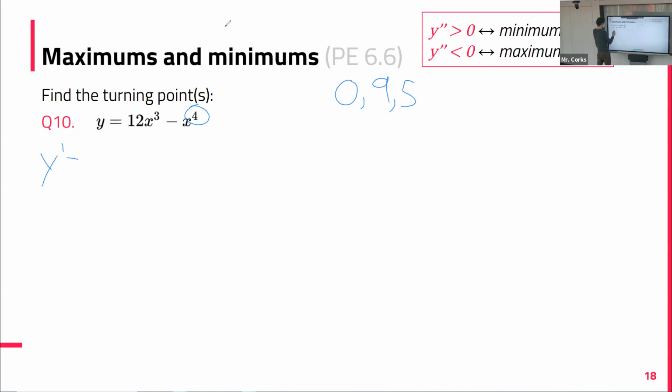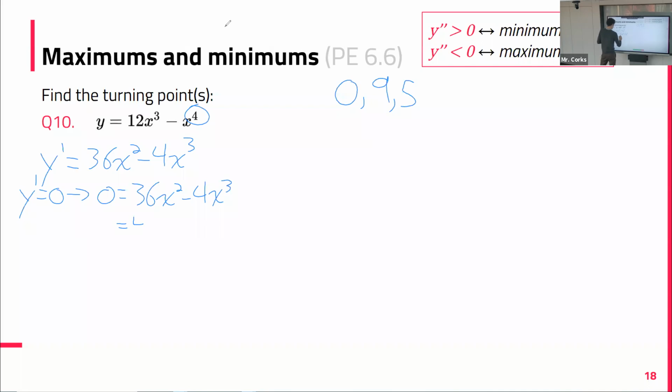First derivative, y prime is equal to 36x squared minus 4x cubed. All right, and we set that equal to 0. So 36x squared minus 4x cubed, and okay, so common factor of 4x squared, and then inside our brackets, 9 minus x.